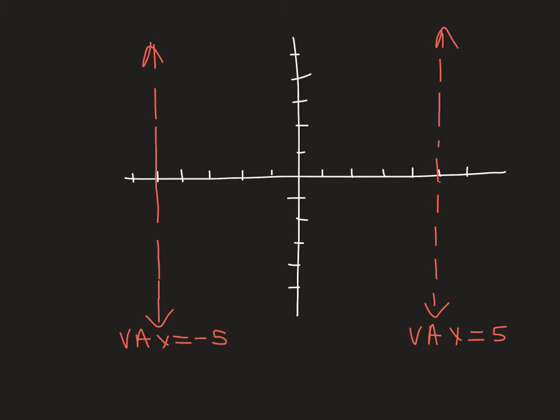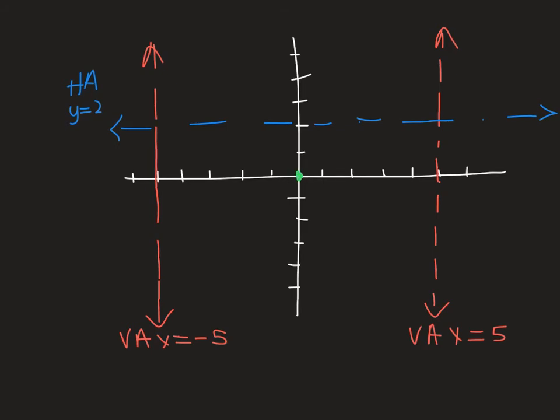In our horizontal asymptote, which is y equal to 2. Now let's put in x-intercepts, and we have an x-intercept at 0, 0, which is also our y-intercept.